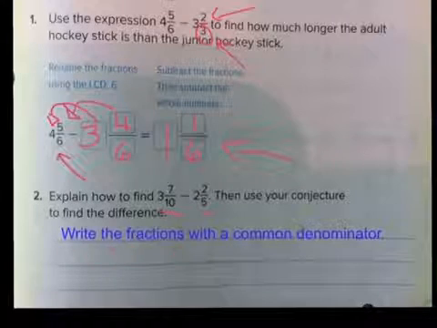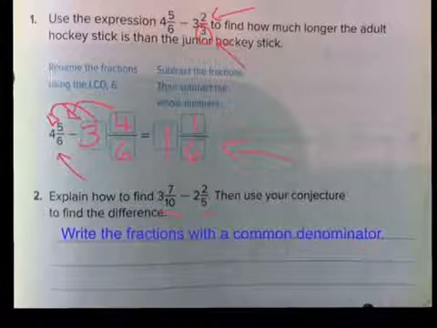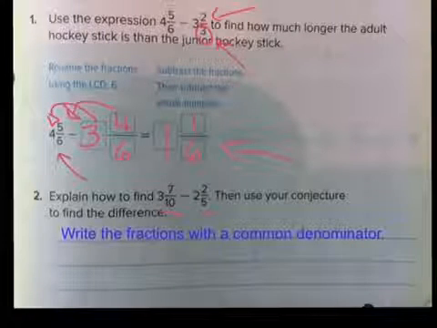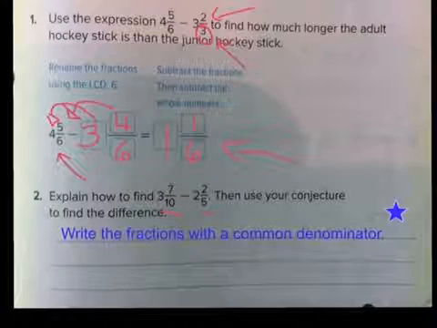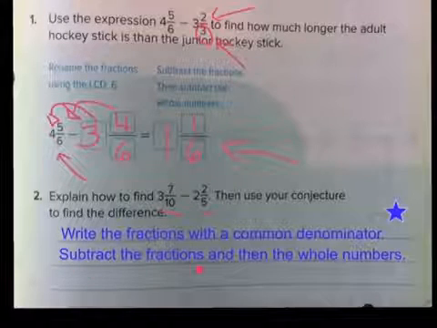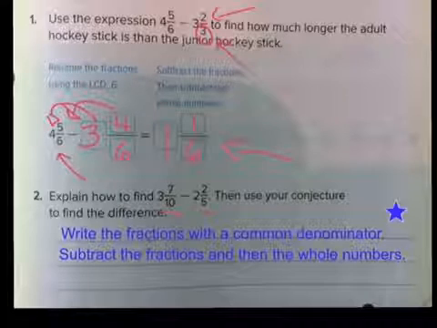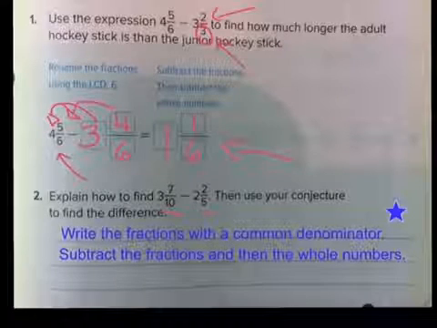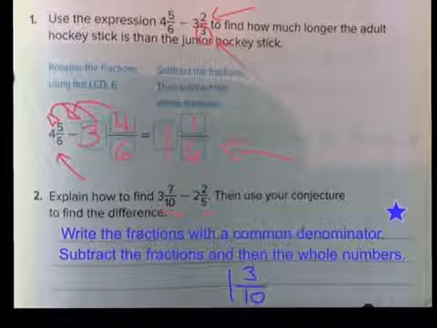So we first write the fractions with a common denominator, as you see right there. Don't forget this. These answers are key answers. And then what do we do? We subtract the fractions, and then the whole numbers. And that's going to give you, let me do it here mentally, it should give me 1 3/10, right?